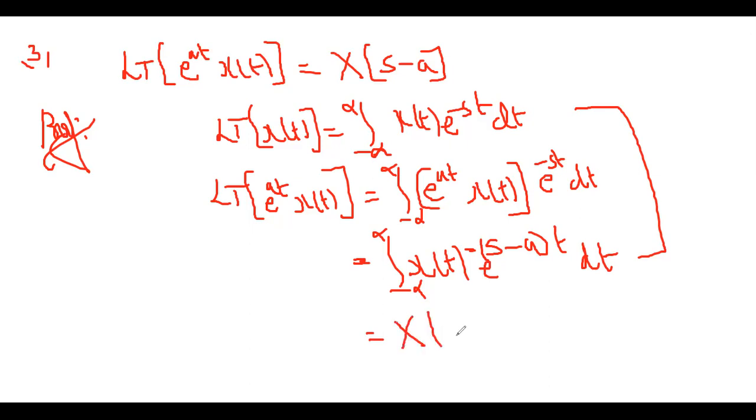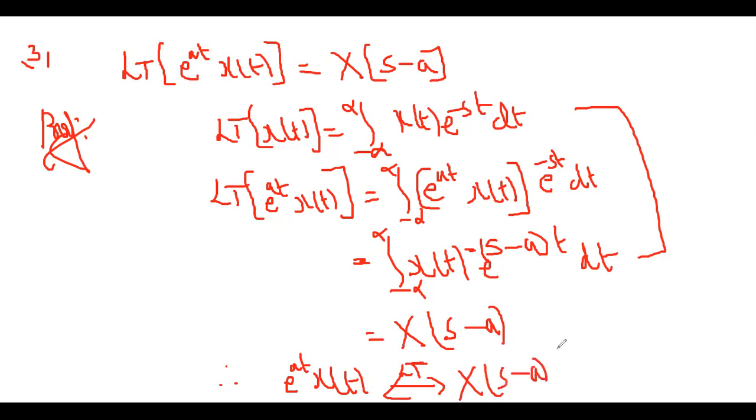X of s minus a. Therefore, the Laplace transformation of e power at x of t gives you X of s minus a. Got it, my students? The frequency is shifted with the a samples. A positive exponential is multiplied to the time domain function.